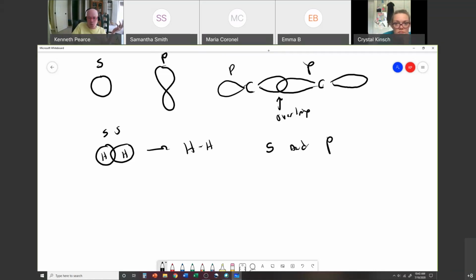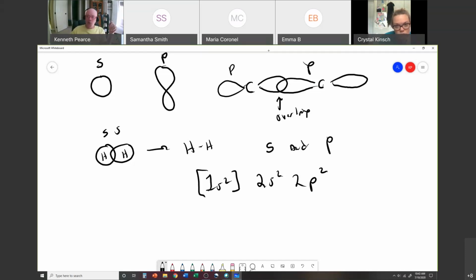Because carbon is 1s2, 2s2, 2p2, but if you just look at the valence electrons, it's 2s2, 2p2, and you'd expect to have s's and p's. What do s's look like? They're the round ones. And what do the p's look like? They're the ones that look like double balloon animals.